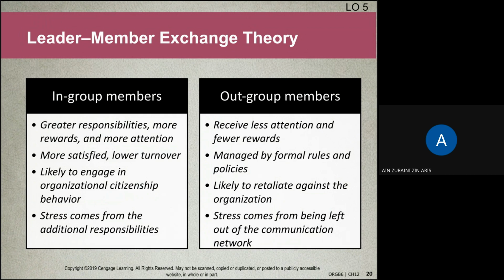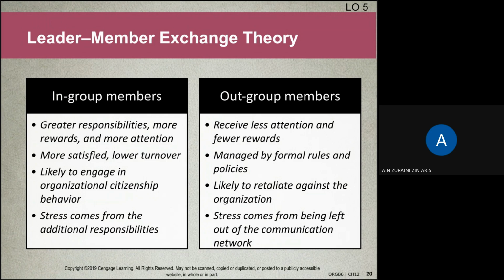Okay, but an out-group member is when the members have low quality exchanges with the leader. So the relationship is more formal, based strictly on job requirements. They could also have less involvement, fewer growth opportunities, and lower trust.